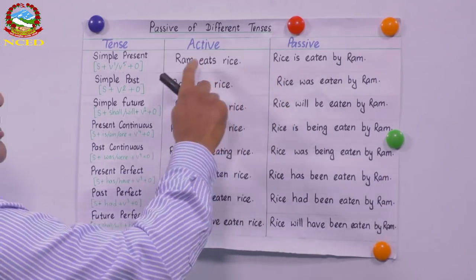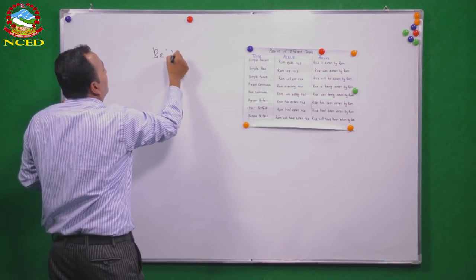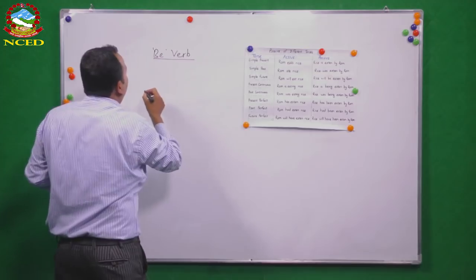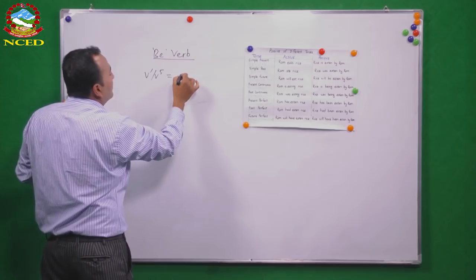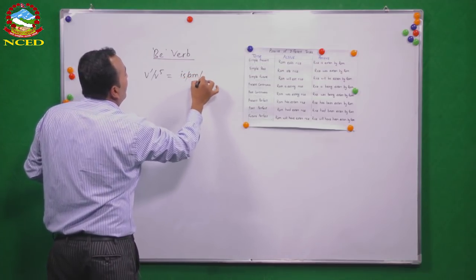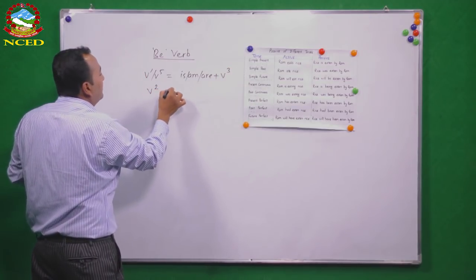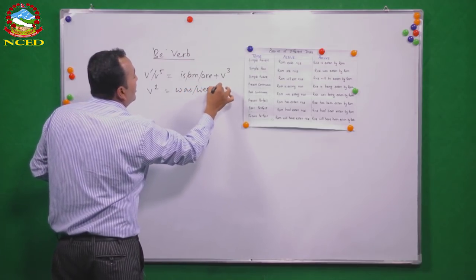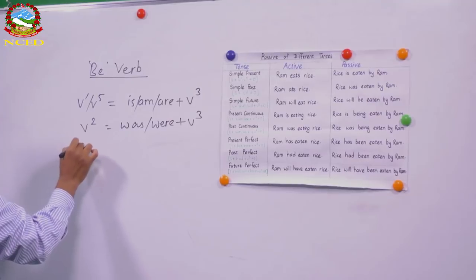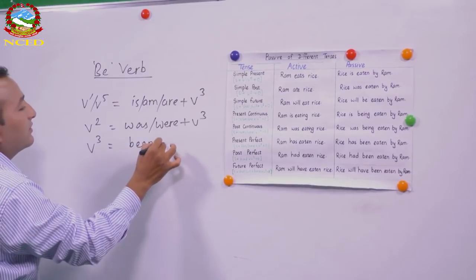Now let me write the rule of the be verb, its different forms according to tenses. If there is verb 1 or verb 5, we use is, am, or are plus verb 3. If there is verb 2 or past tense, we use the be verb was or were plus verb 3. If there is verb 3 itself, we write been plus verb 3.